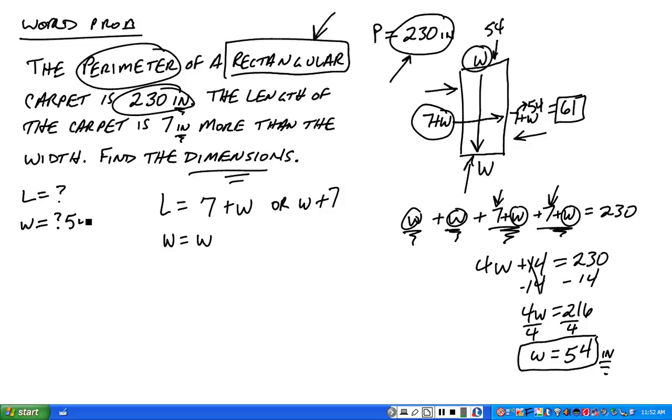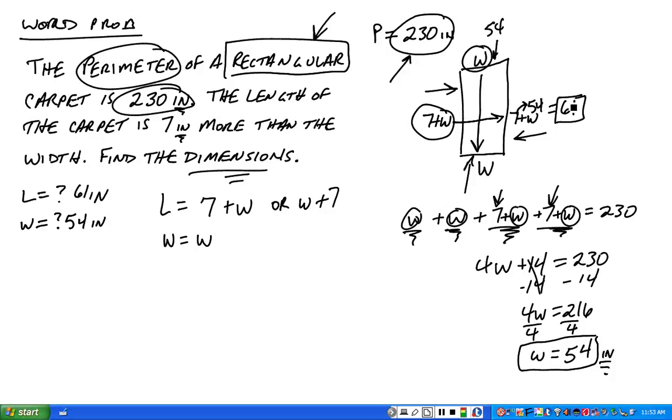So width is 54 inches, and 54 plus 7 gives you 61 inches. Okay, that's messy. Let me rewrite that. So 61 inches for the length, 54 inches for the width, and let's total it all up to see.